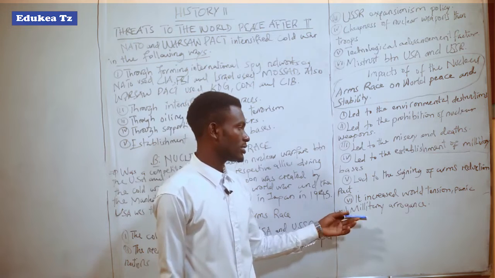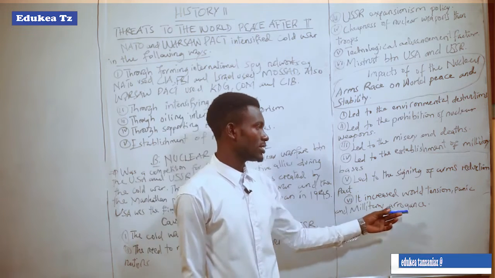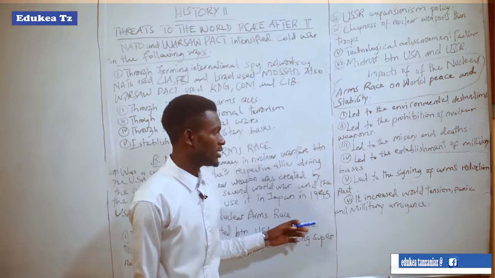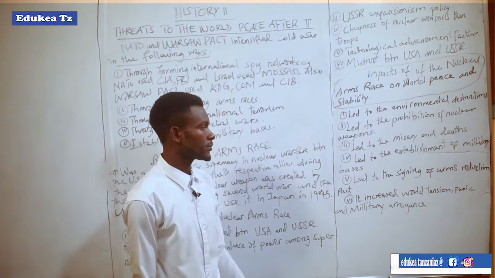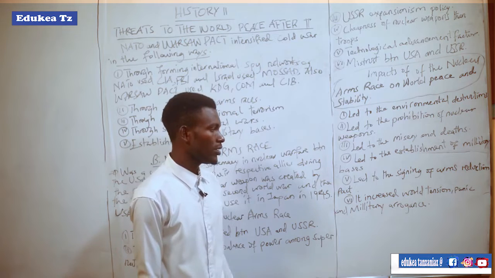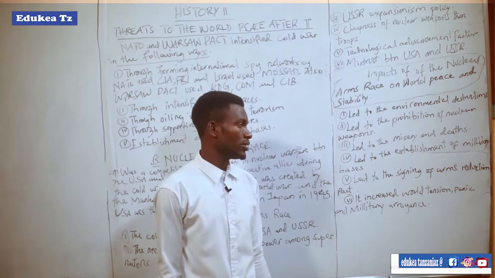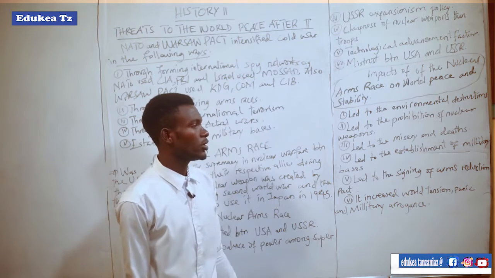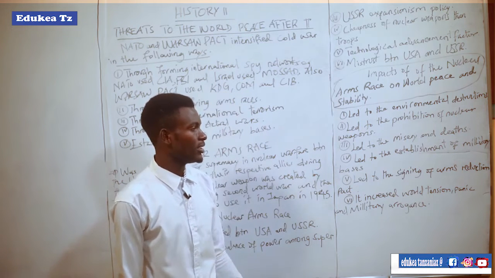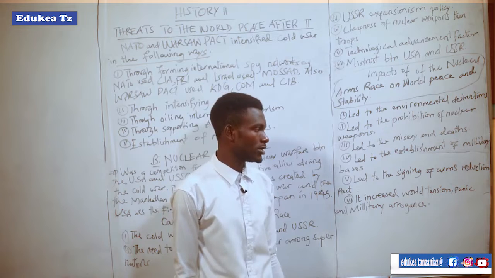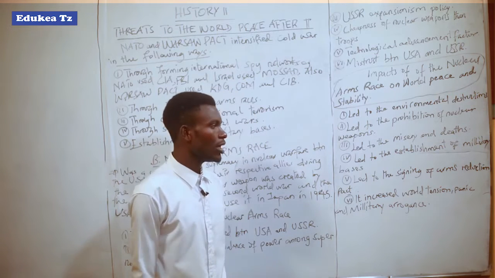But the last one, it increased the world tension, panic, and the military arrogance, whereby those blocs were supporting the actual wars. For example, during the Korean War, USA supported South Korea and USSR supported North Korea.